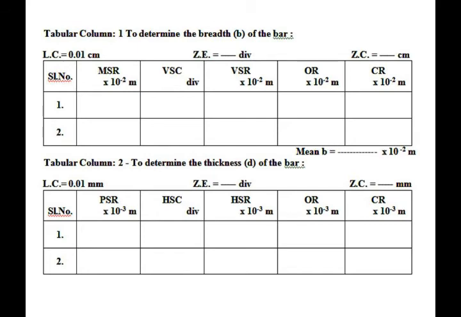And in the case of thickness of the bar, the HSR will be calculated by HSC into LC, and observed reading OR will be calculated by PSR plus HSR, and CR, correct reading, will be calculated by OR plus or minus ZC. In our case we have a negative error.